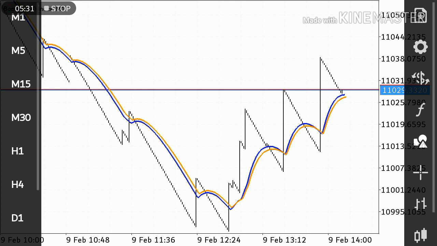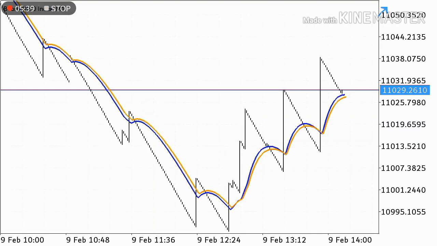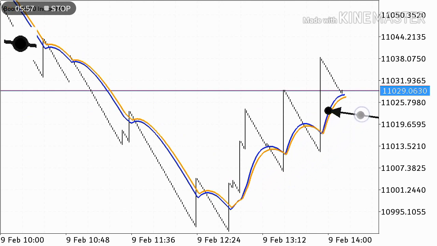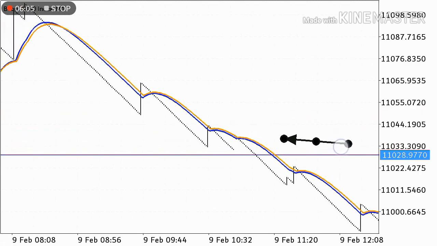Let me explain how to trade using this strategy. First of all, see here, the market brings some spikes in Boom, and the moving averages cross each other and start going up. And look here how many spikes we catch through this strategy. This is a scalping strategy, not a spike strategy.